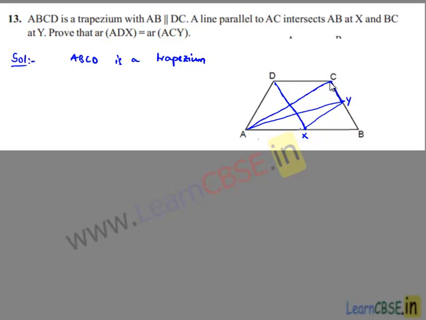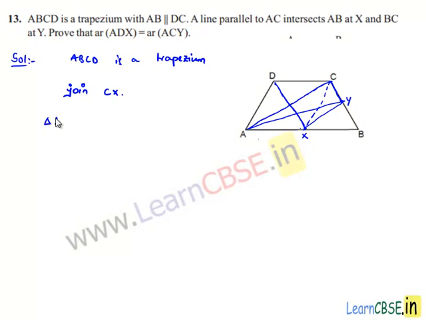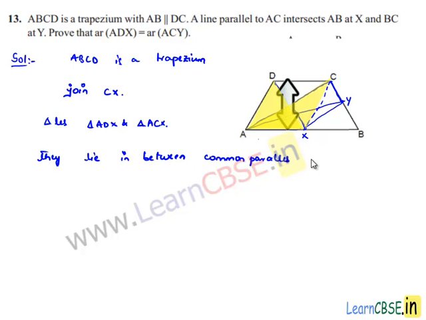Now, in order to do the problem, let us join CX. Now, if we consider both triangles, triangle ADX and triangle ACX, they lie in between two common parallels, AX and CD, and also they have equal base lengths.